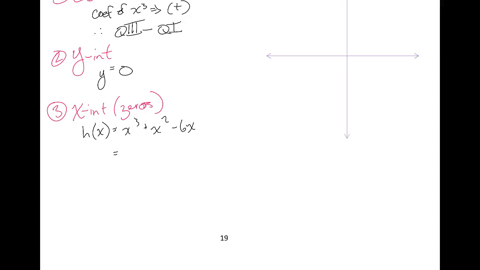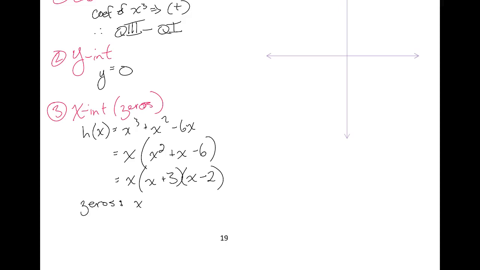So I look at all three terms in this particular case, and I notice that they all include x. So I can factor out an x. That leaves me with the following quadratic in brackets. I can't drop that x because otherwise I would lose my cubic characteristics, but I can factor this further. And once it's completely factored, as it is here, now I can note that my zeros are where x equals 0, -3, and 2.